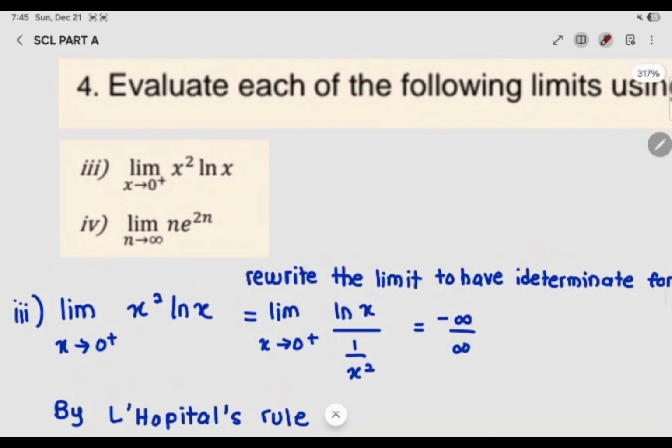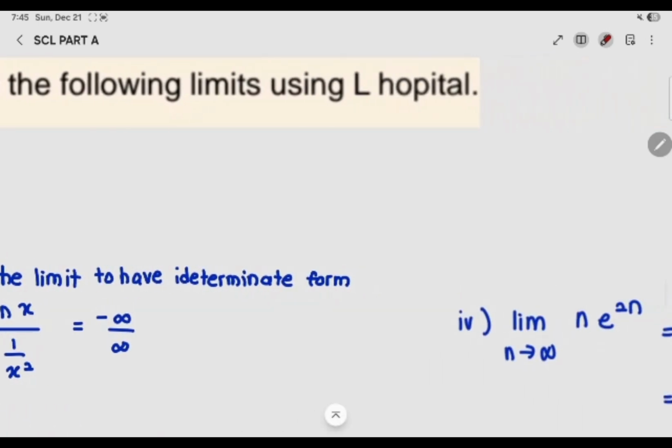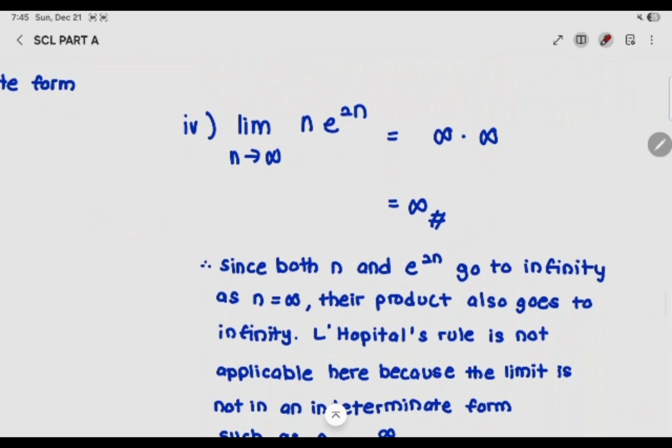Next, for question Roman 4, we are asked to find the limit as n approaches infinity of n times e to the power of 2n. As n approaches infinity, n increases without bound, and e to the power of 2n also increases without bound.